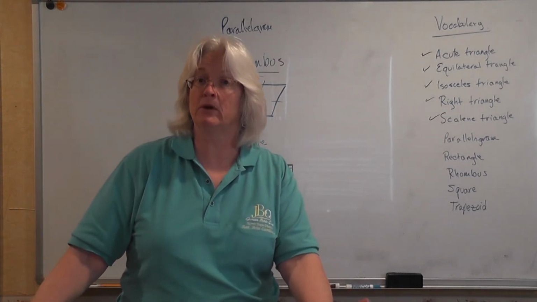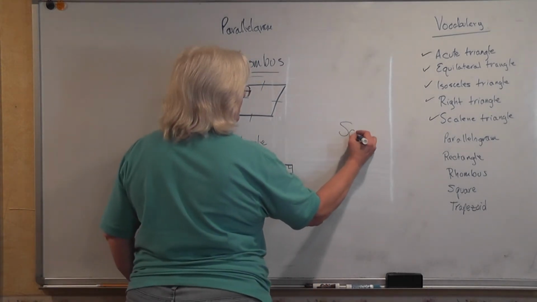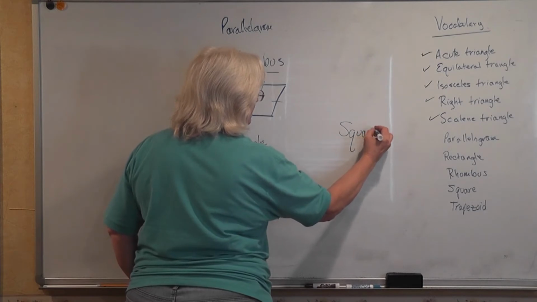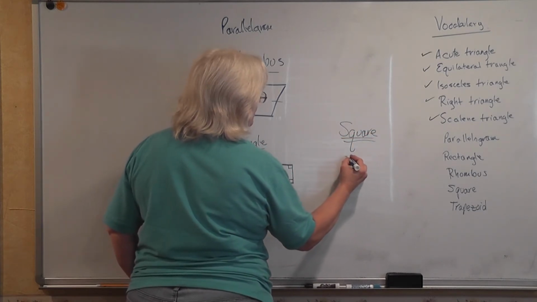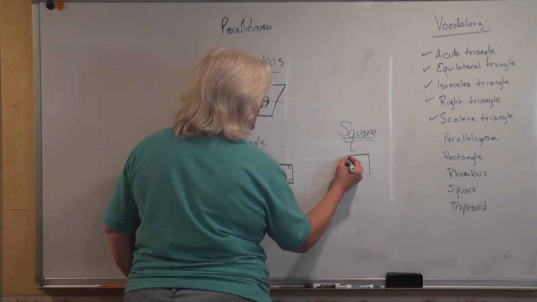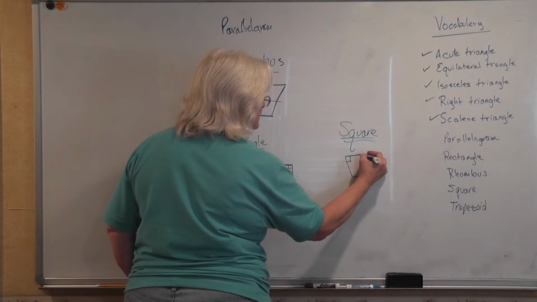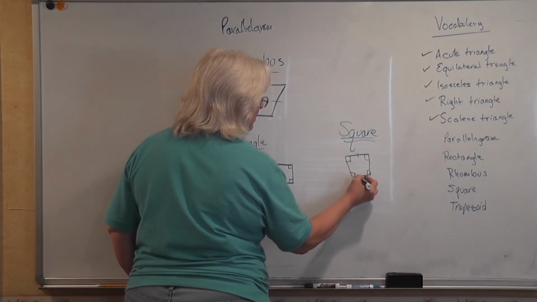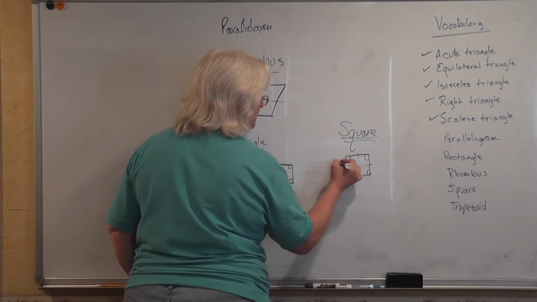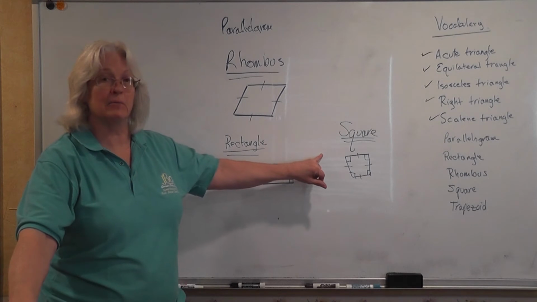And then what do you have? You have a square. And a square is both a rhombus and a rectangle because it is like a rhombus because the 4 sides are the same.